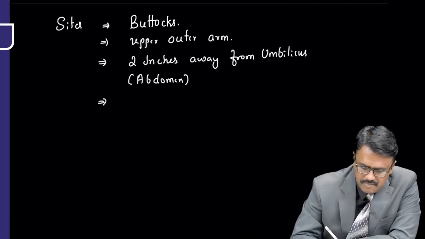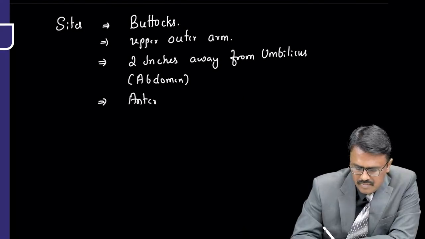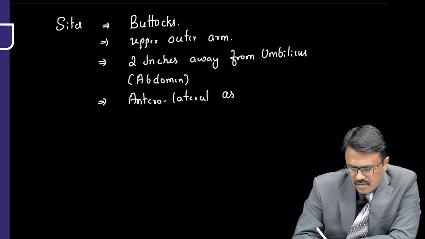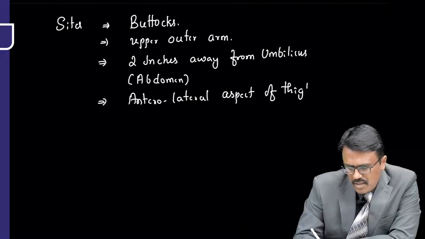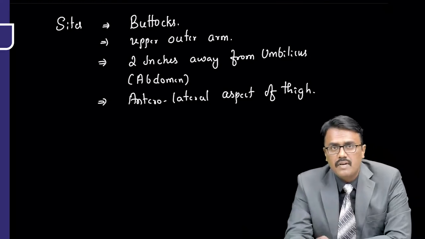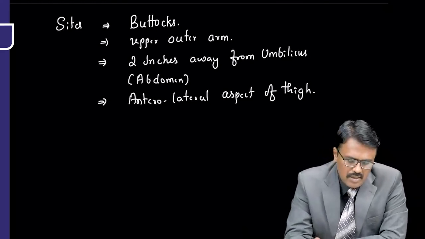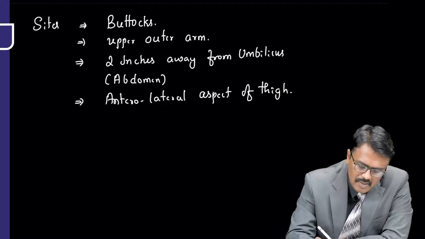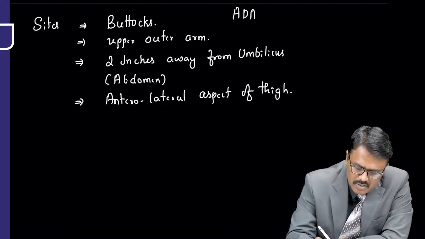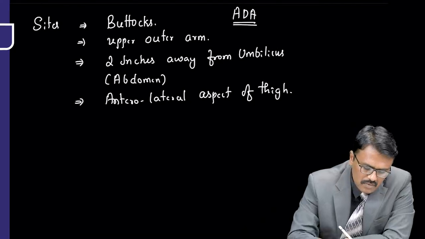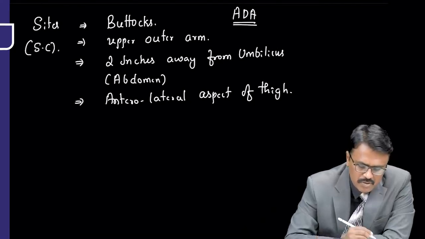And one more is the anterolateral aspect of the thigh. We don't give it into the medial aspect of the thigh because on the medial aspect we have a great vein, the great saphenous vein. So these are the sites recommended by ADA, the American Diabetes Association. These are the sites to give insulin by the subcutaneous route.